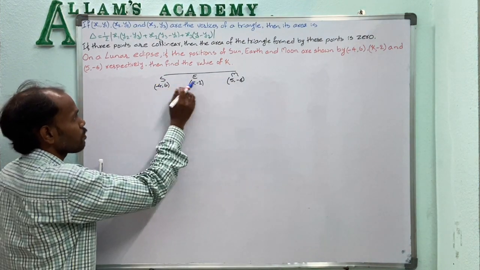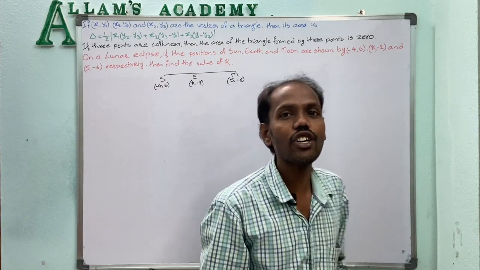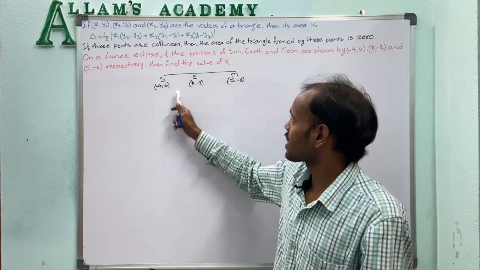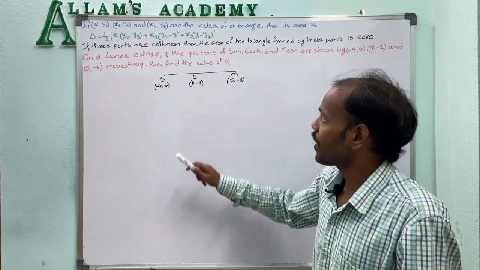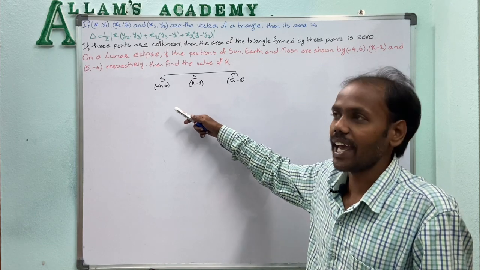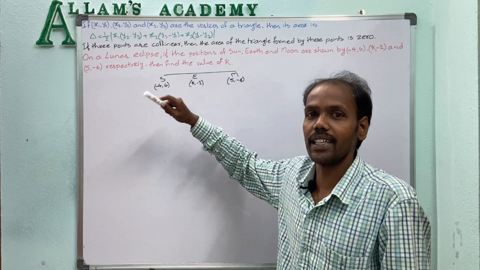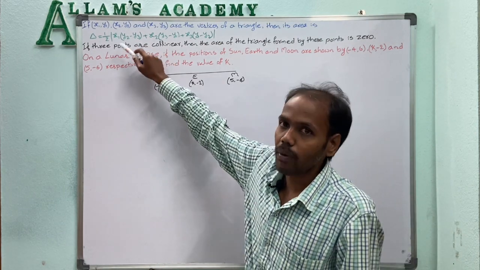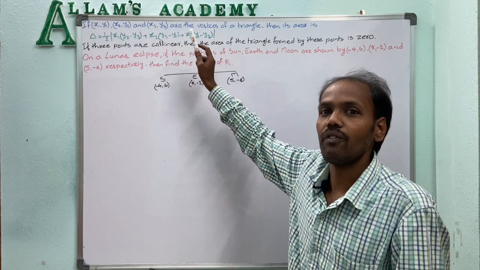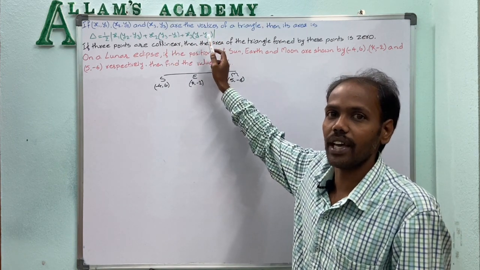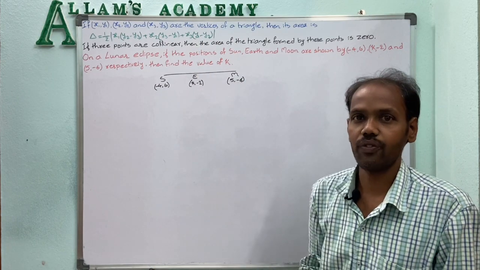Here the triangle formed by these points has area 0, because the given points are collinear. If we apply the area of the triangle with the coordinates x1 y1, x2 y2, x3 y3 as mod of x1 into y2 minus y3 plus x2 into y3 minus y1 plus x3 into y1 minus y2 equal to 0, then we get the value of k.